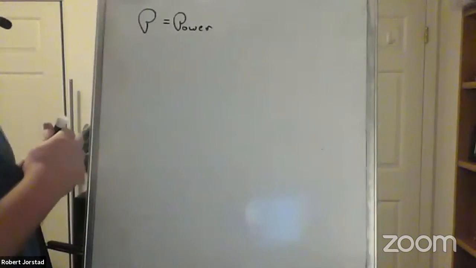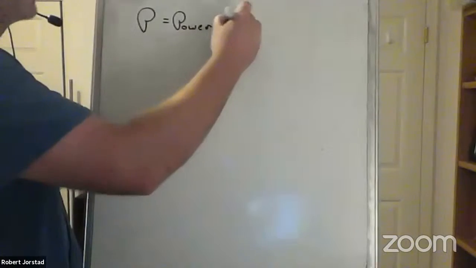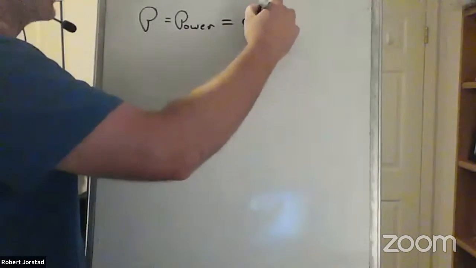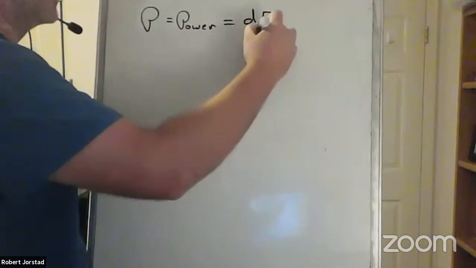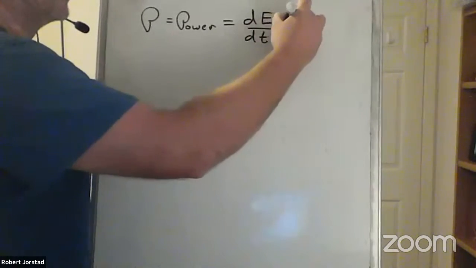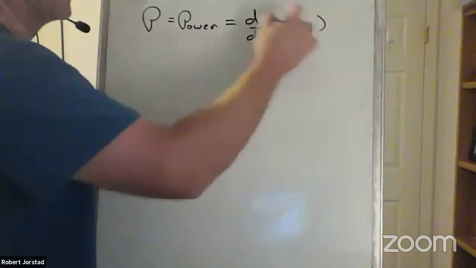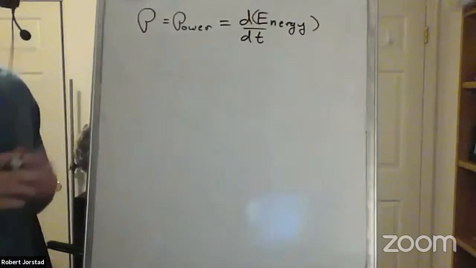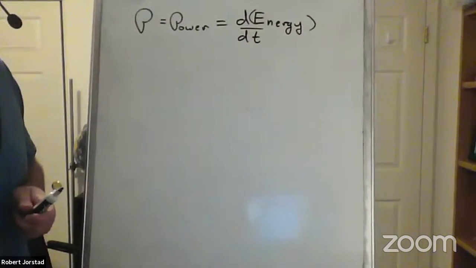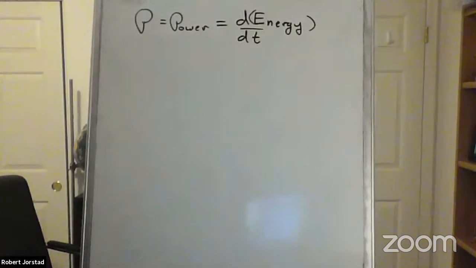So in this case, I don't know if you remember, the definition we said was the time derivative of energy. So it's taking the derivative of energy with respect to time. All right.